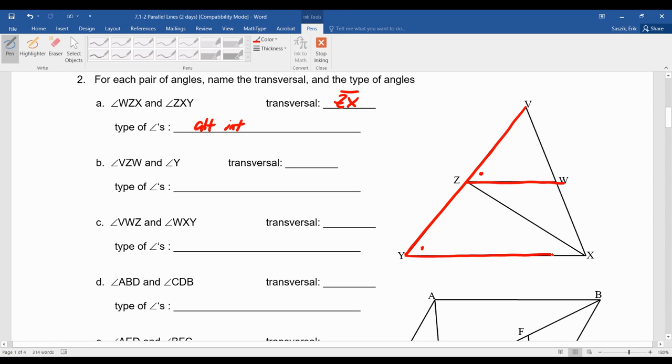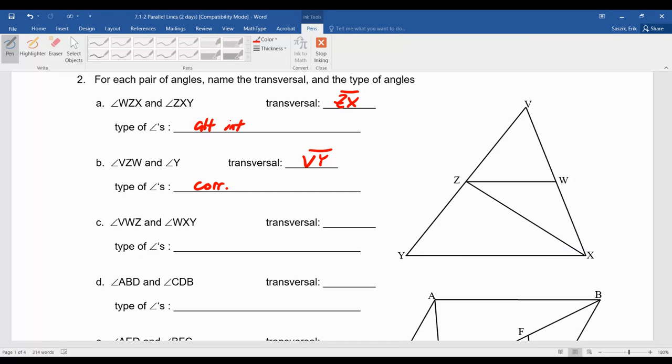And you see how it kind of makes an F shape. These are corresponding angles. So when you have a Z shape, you're usually dealing with alternate interior, alternate exterior, and F shape is corresponding. Okay, so they're in the same spot.